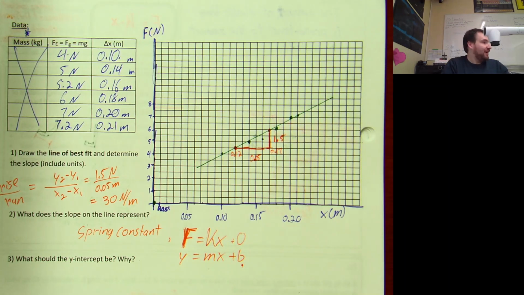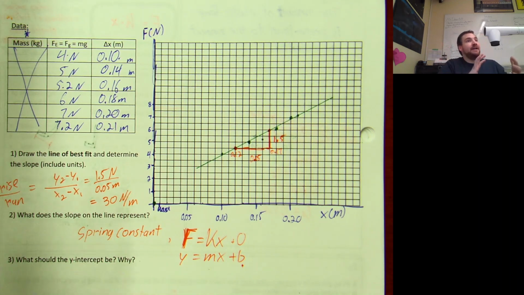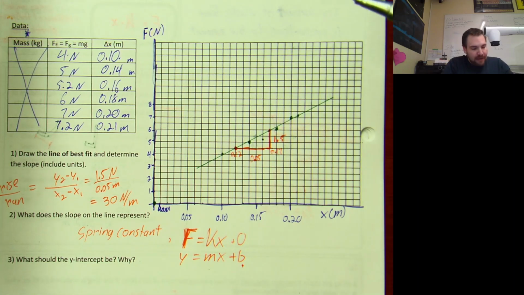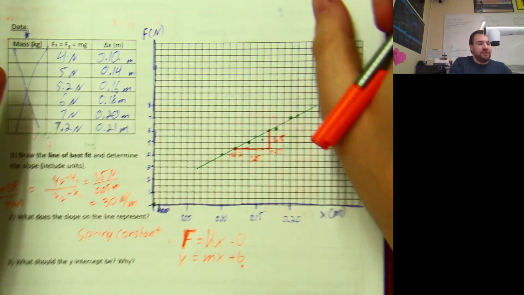You all understand what it's like to destroy a slinky where it won't slink back. You can do the same thing with these rubber bands, and I think Naya and Gurkirat had that problem, where every time you relax the rubber band, it was a little bit longer than it was previously. So the y-intercept should be 0. Why? Well, because no force, no extension.